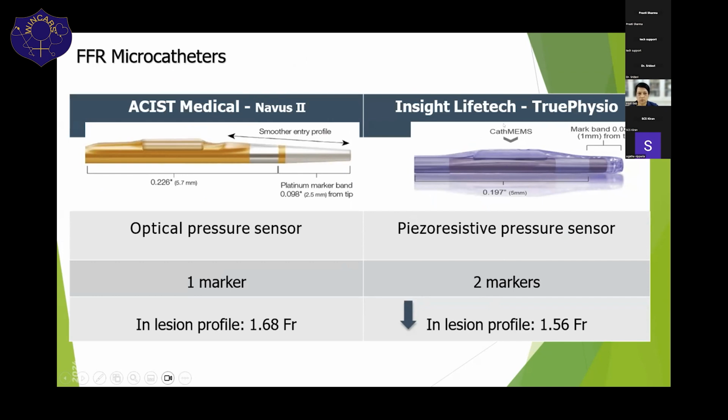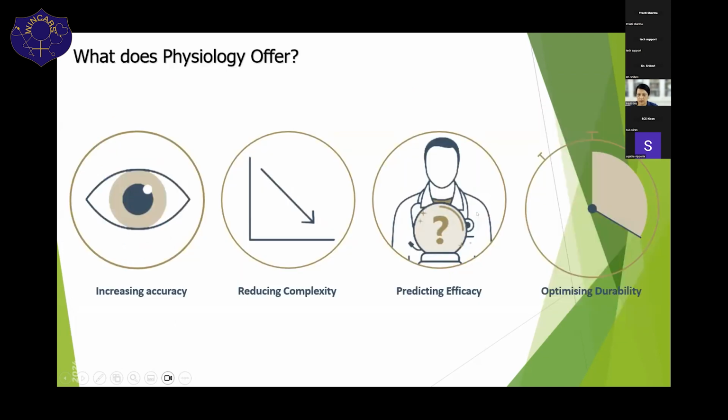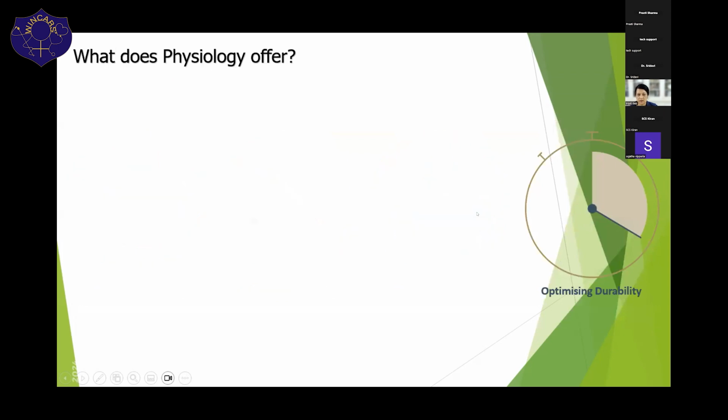Insight Lifetech and others are going to give us smooth pressure microcatheters, where we can do CFR, iFR, dFR, dPR on one wire only, with no need to change the wires frequently.